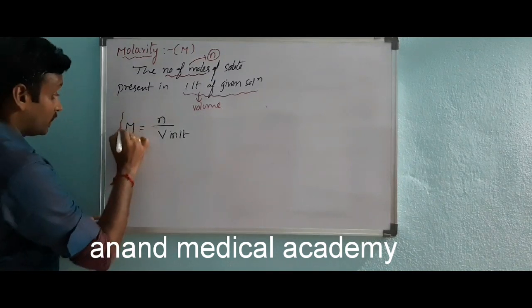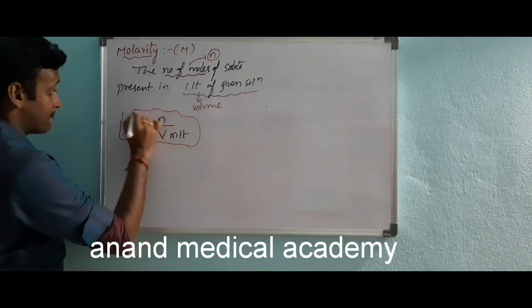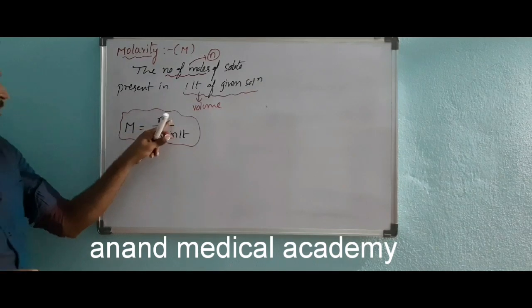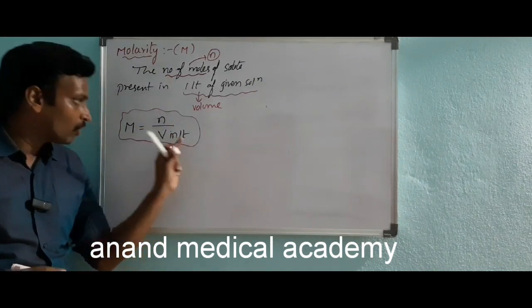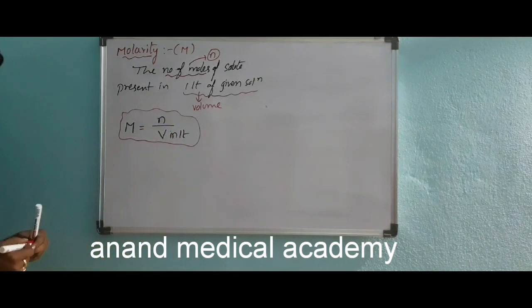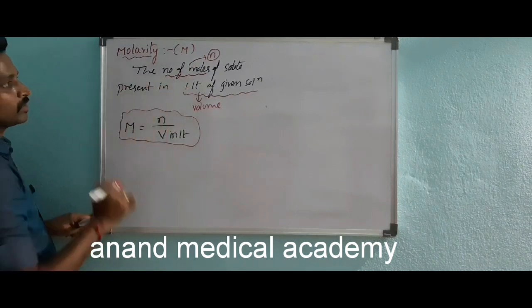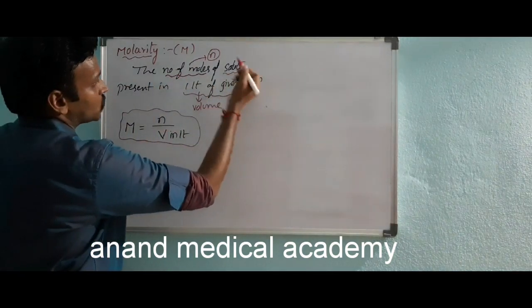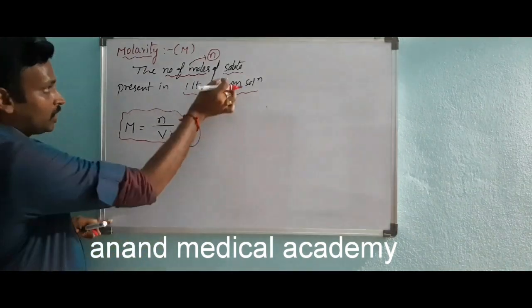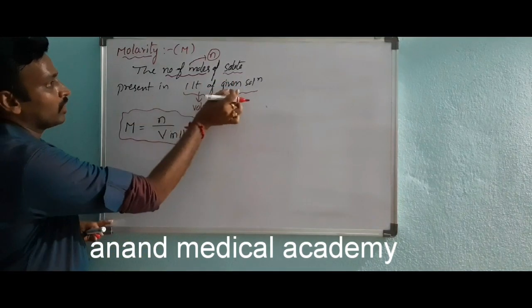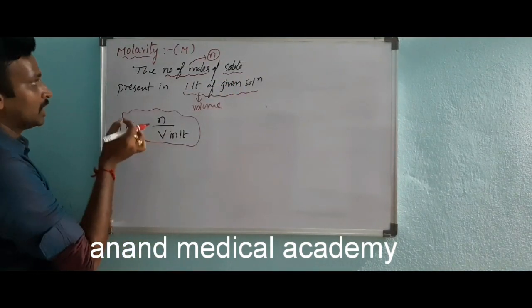Molarity M is equals to number of moles by volume in liters. What is n? Number of moles. Whose moles? Solute. The number of moles of solute present in 1 liter of given solution, that is called molarity.